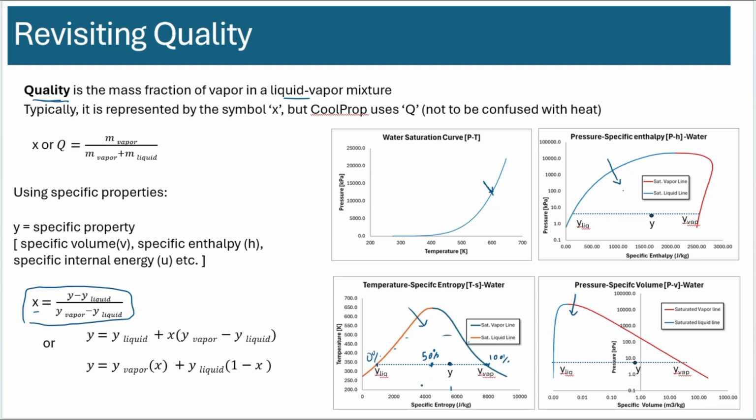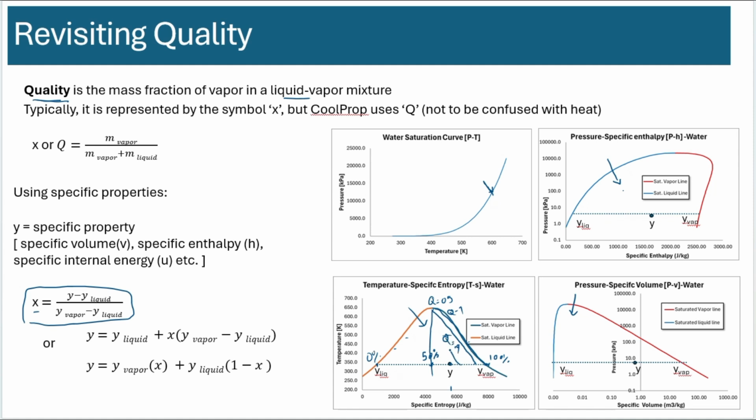So if I create iso lines for quality, it will look like it goes from the center all the way to here. That will be a quality of 0.5. And this line is quality of 1. And then there could be another line here that's quality of 0.9 or 90%.